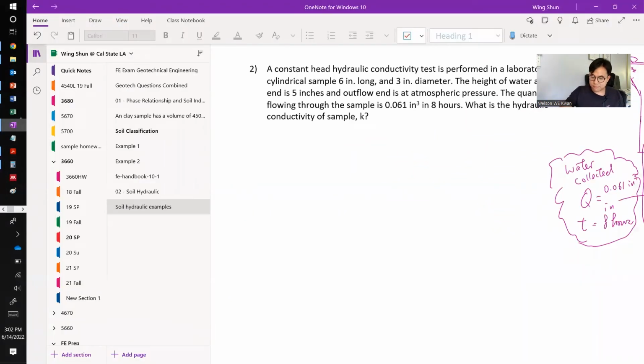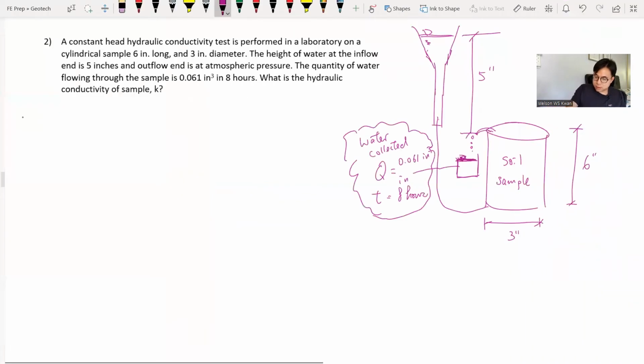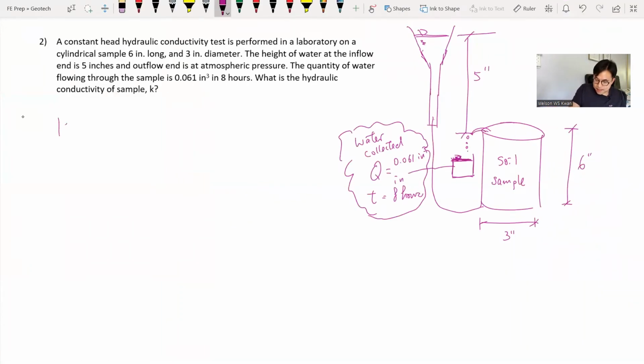That formula is K equals the capital Q divided by A times t. We are solving for K, and we realize that we have all the other information. We have the capital Q, we know the time, we know the area, and now it's only the gradient. And the gradient, from the FE manual again, is dH over dL.